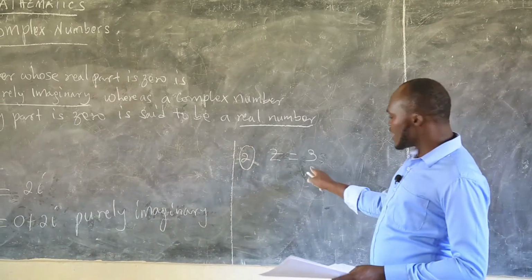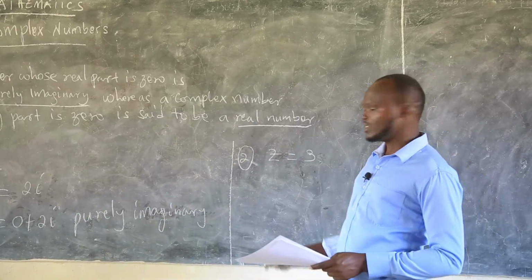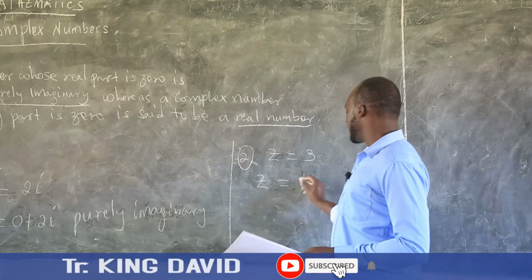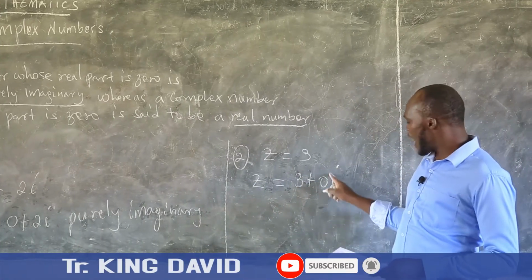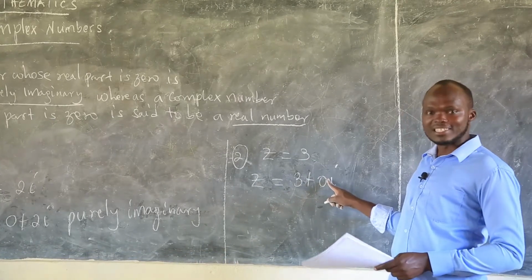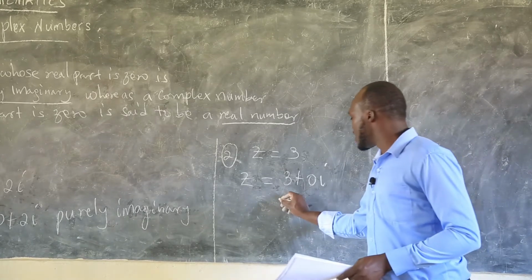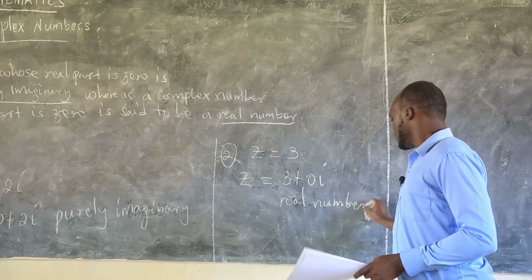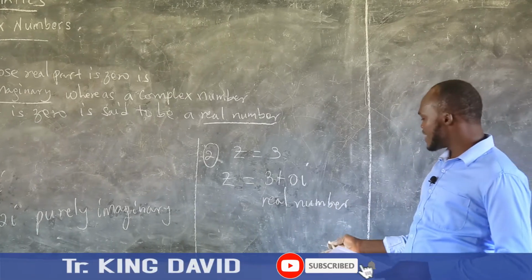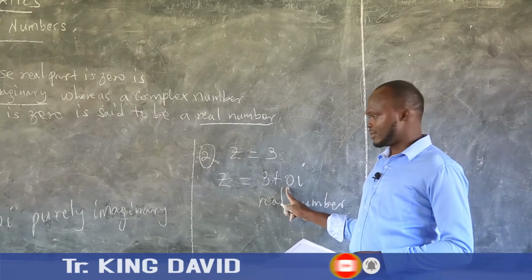It is a real number because its imaginary part is 0. Here z is 3 plus 0i, which means that our imaginary part is 0. Since our imaginary part is 0, this is a real number. So a complex number is a real number when its imaginary part is 0.